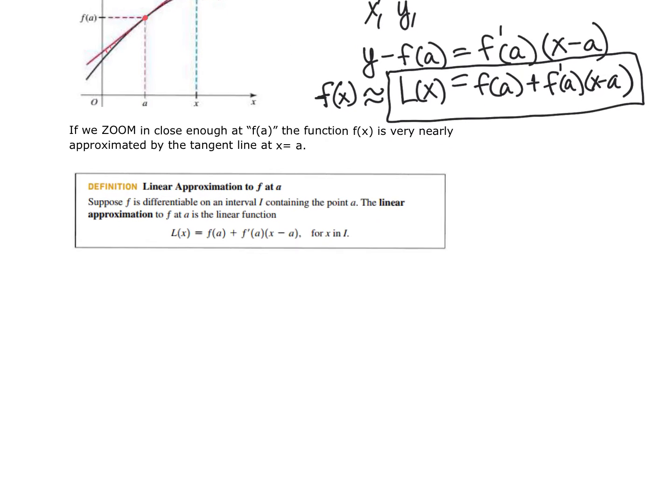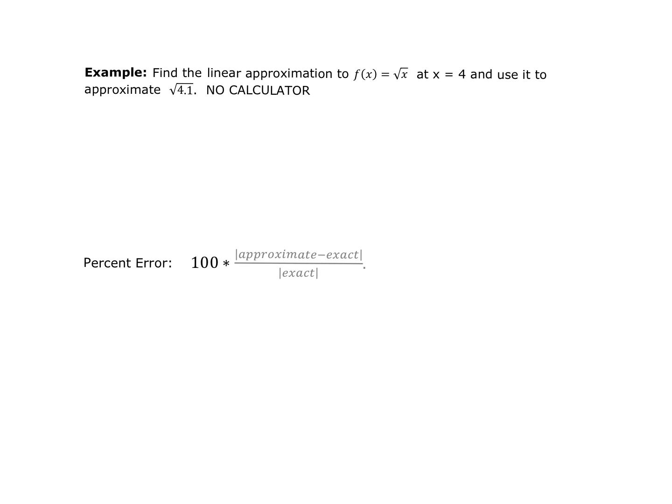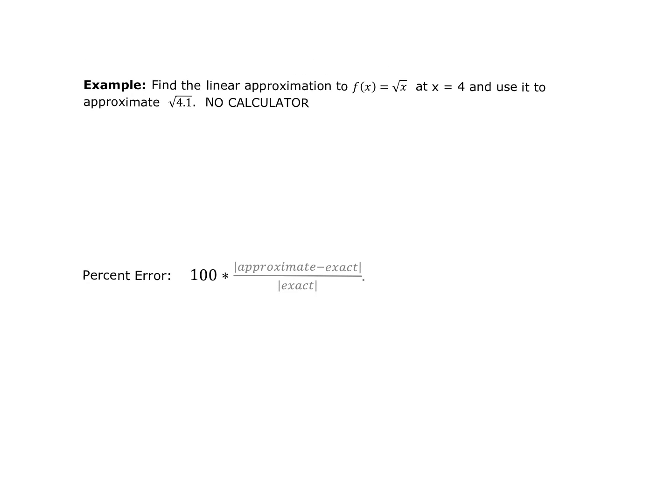So let's take a look at an example. We want to find the linear approximation to the function f of x equals the square root of x and use it to approximate the square root of 4.1. So our function f of x is root x, and the derivative is 1/2 x to the negative 1/2. Let's find the function value at a.